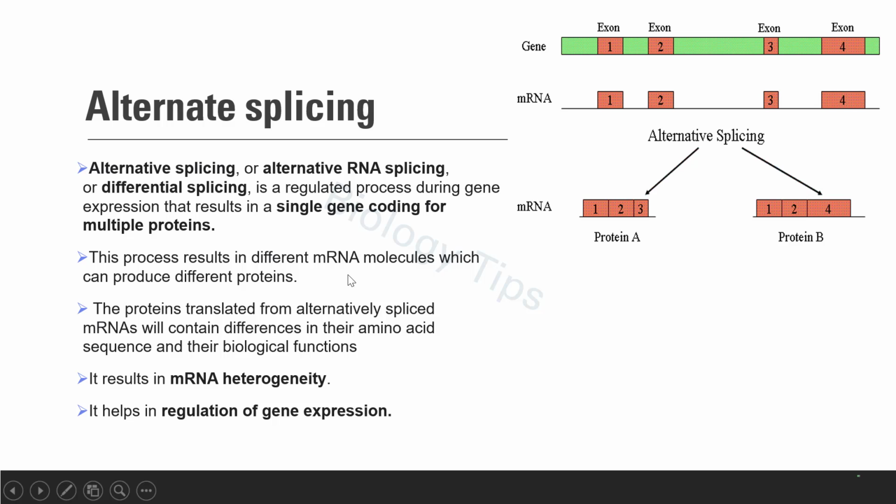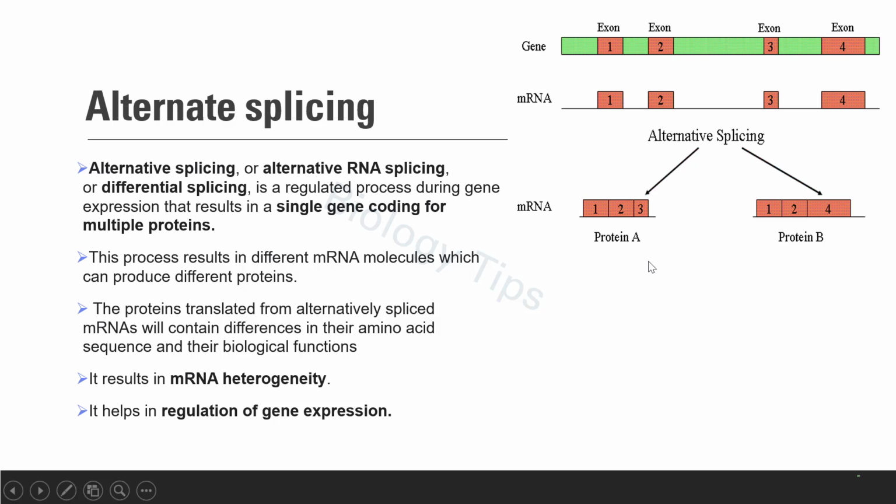This process results in different mRNA molecules which can produce different proteins. The proteins translated from alternatively spliced mRNAs will contain differences in their amino acid sequence and their biological functions. This process results in mRNA heterogeneity. It helps in the regulation of gene expression. How does it help in gene regulation?